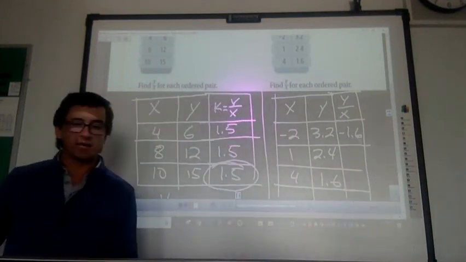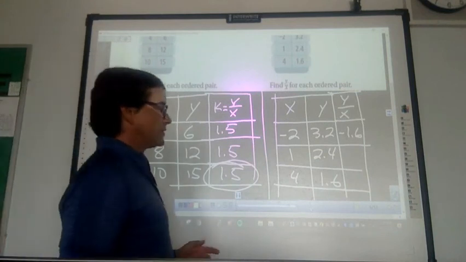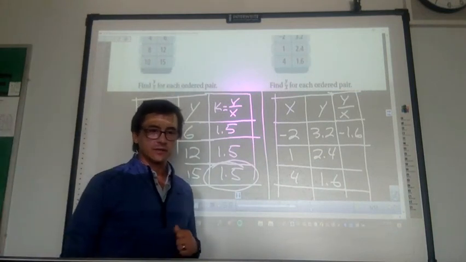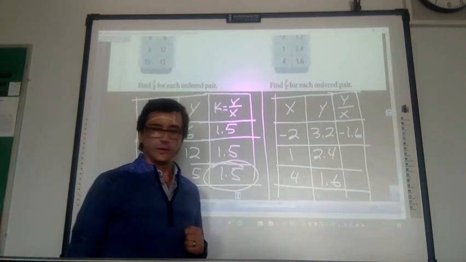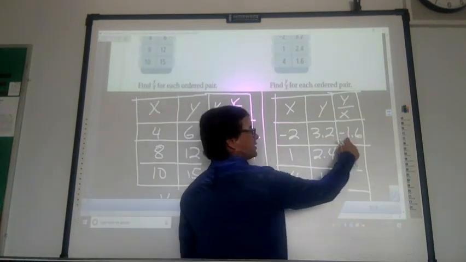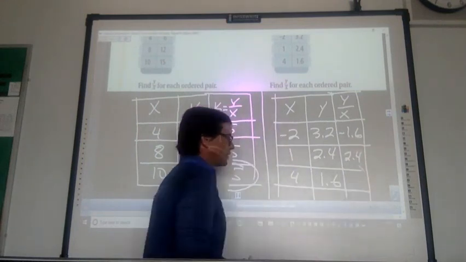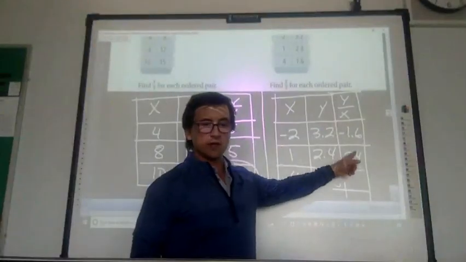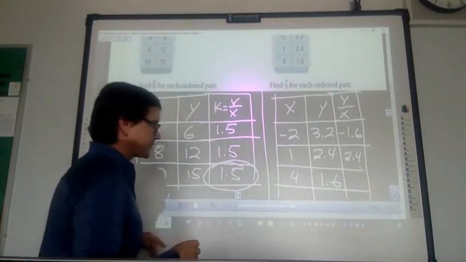So right now, you guys should be able to tell if it's a direct variation or not. Is it going to be a direct variation? No, it is not, right? Because this is the only one that's going to be negative. This one's 2.4. Anytime I get 2 different ones like this, I'm going to double check the last one to make sure I didn't make a careless mistake.